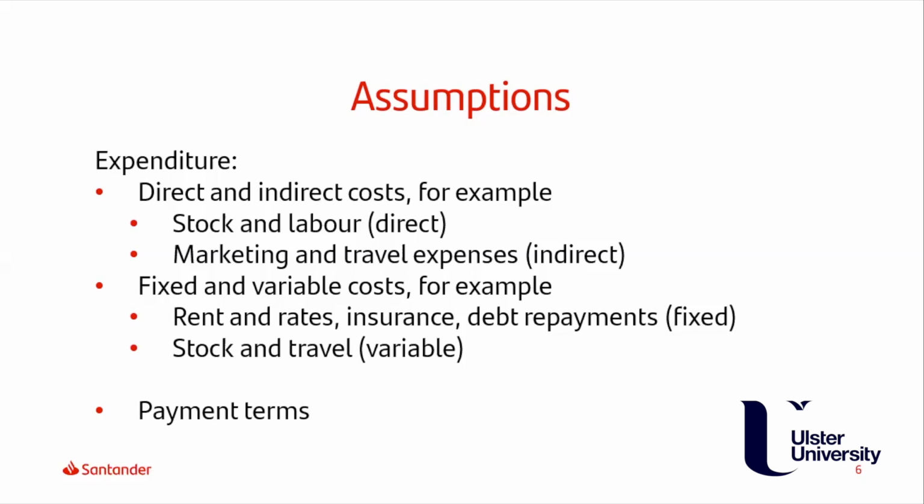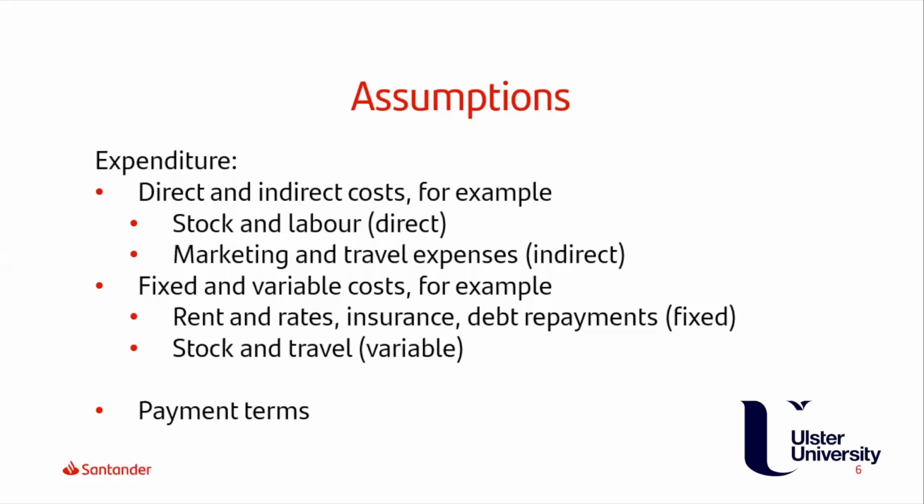And then you might have indirect costs such as marketing or travel. So these are costs that you will incur, but they're not directly attributed to you making your actual products. But actually, without spending on these headings, so without spending money on marketing or spending money on travel, you may not be able to deliver your product or service.